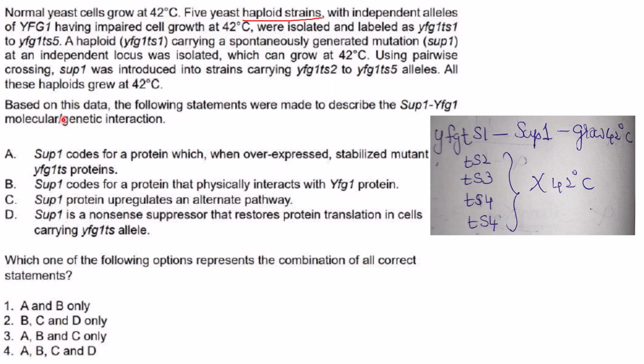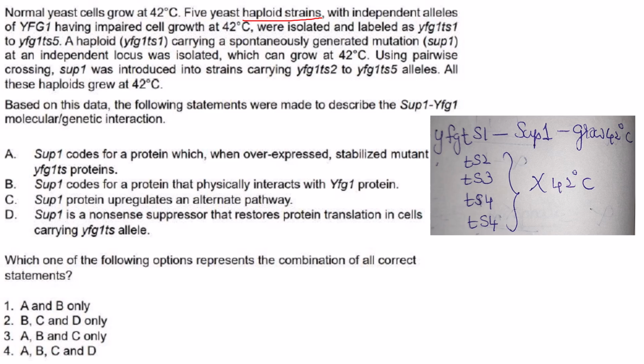Now based on this data, the following statements were made to describe the SUP1-YFG1 molecular genetic interaction. The researchers thought that there was some interaction going on between SUP1 and YFG1, and because of that the YFG1 mutants were able to grow at 42 degrees Celsius. Now what are the assumptions? SUP1 codes for a protein which, when overexpressed, stabilizes mutant YFG1 TS proteins.